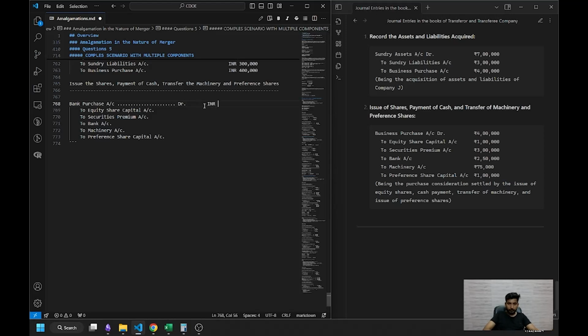We have the business purchase of rupees 4 lakhs, out of which the equity share capital is rupees 1 lakh. The securities premium is rupees 3 lakhs.